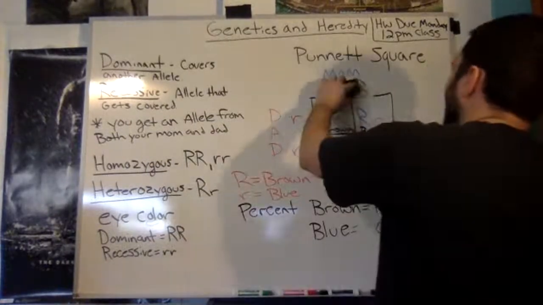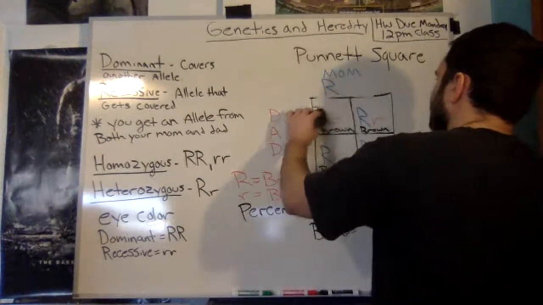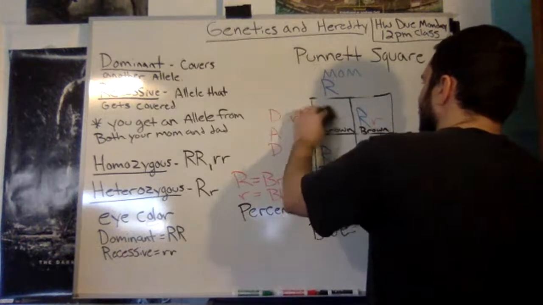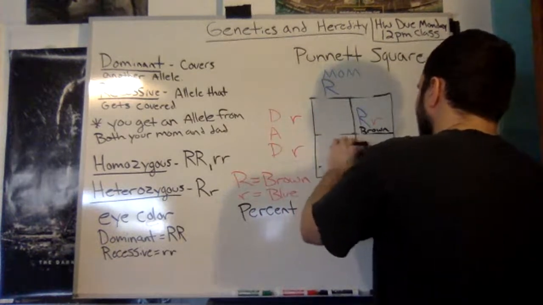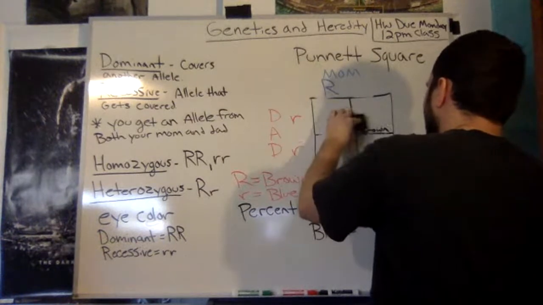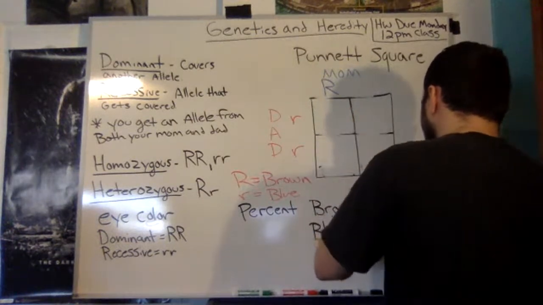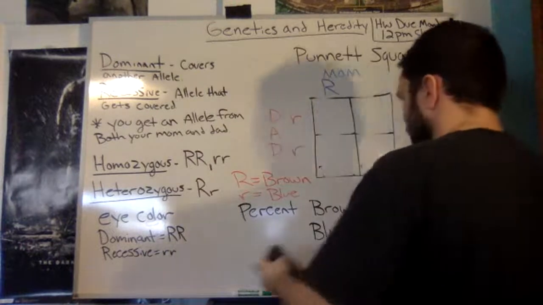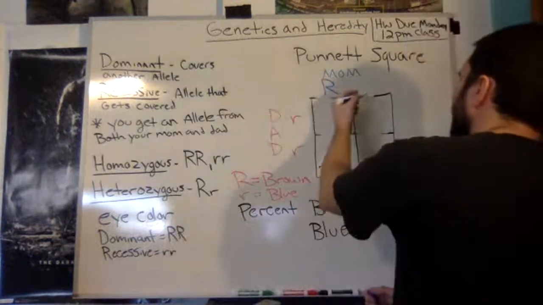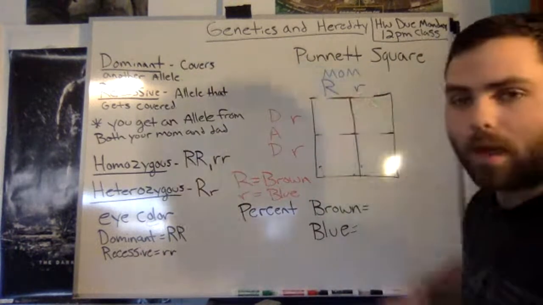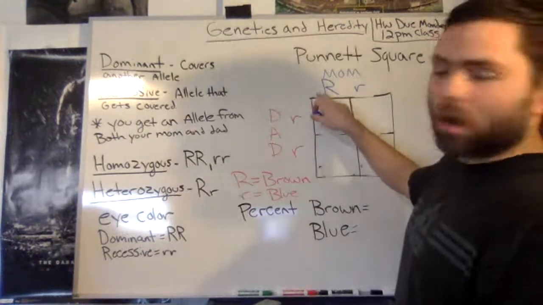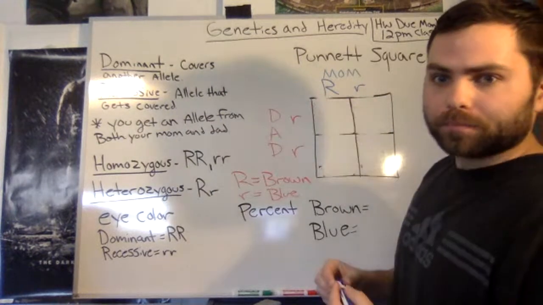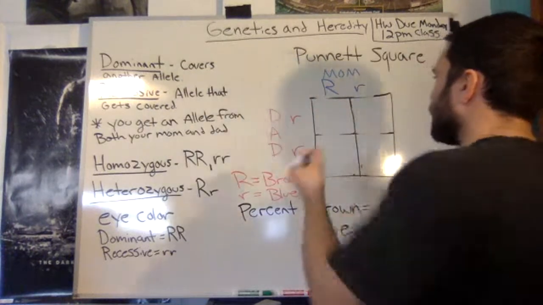Okay, so now let's change one of mom's. So let's get rid of all this again. So remember, even though we put a lowercase r for mom, it still means that mom has brown eyes because she has one uppercase R, okay? So now we're going to bring it down, right?